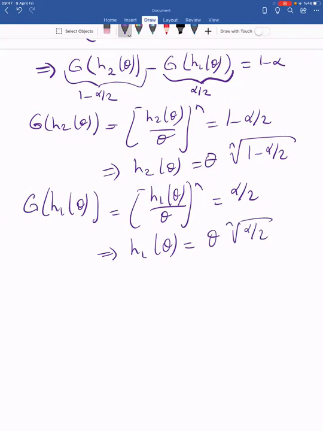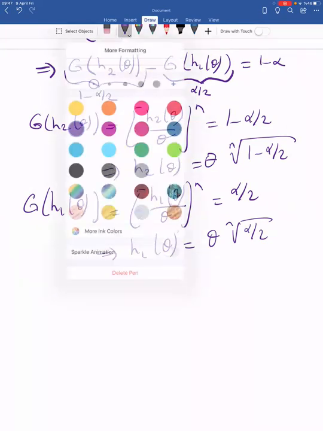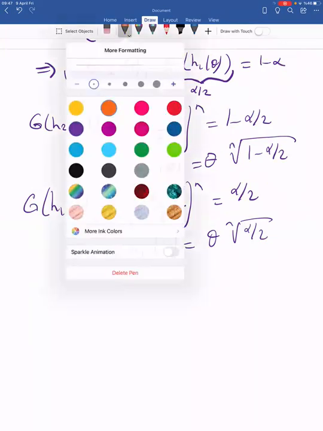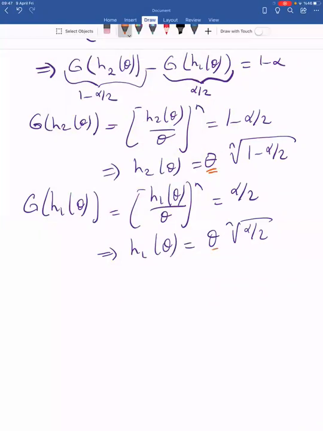Now focus on the forms of h1 and h2, whether they are increasing or decreasing functions of theta. As you can see, these are functions of theta, and both are increasing functions of theta.